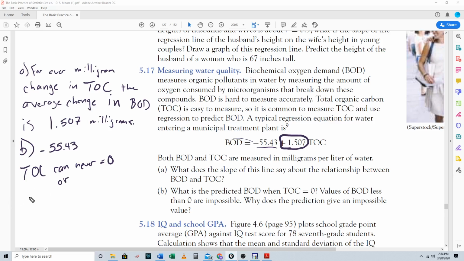Or, another explanation is that 0 is outside the data set they used to find this equation, which means we didn't have any values that were 0 for TOC. Apparently, total organic carbon is never equal to 0. So TOC equals 0 is also impossible.